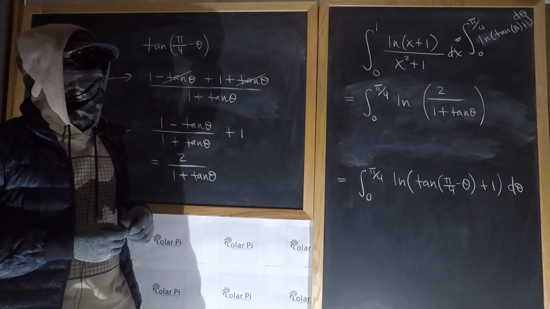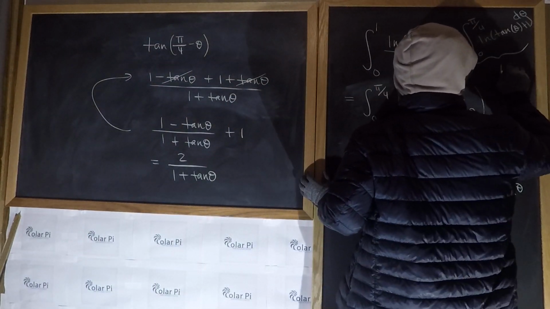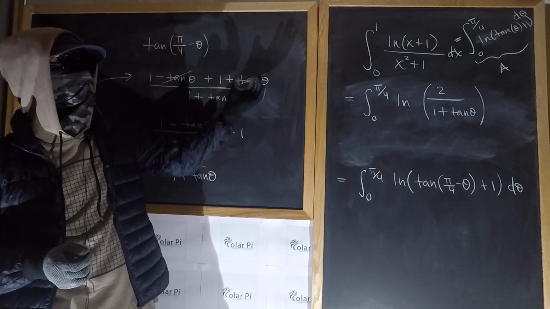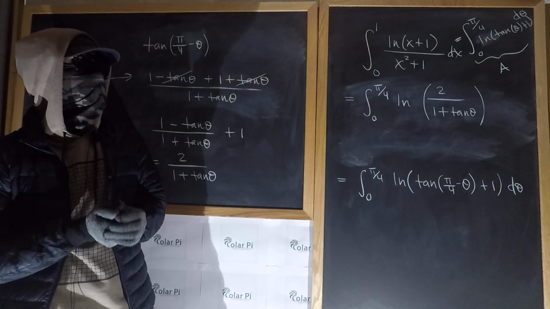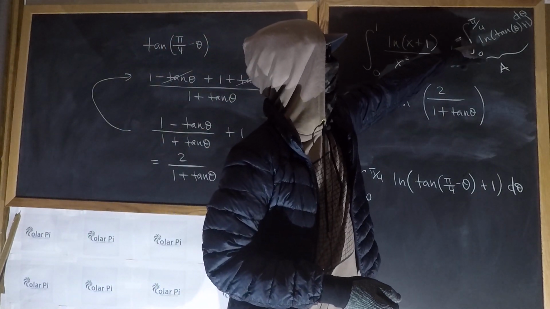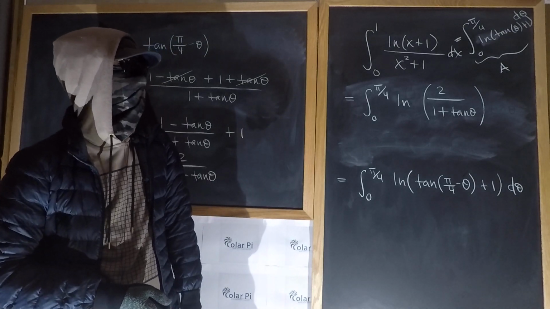It had become that, right? Now, let's call this here a, right? So again, after our original substitution for x with tan theta, our integral had turned into the integral 0 to pi over 4 of the natural log of tan theta plus 1 d theta, right?